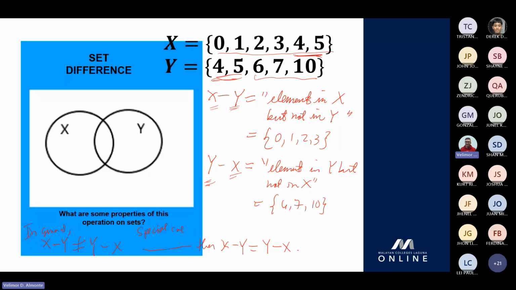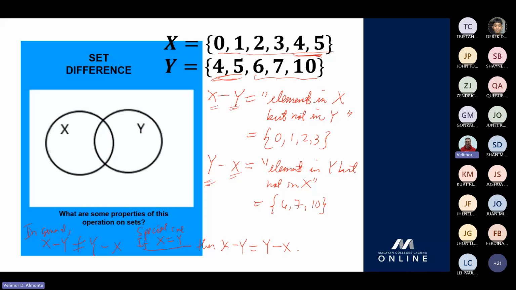Again, math is precise. So, this is the answer. If x is equal to y, then x minus y is equal to y minus x. For obvious reasons.